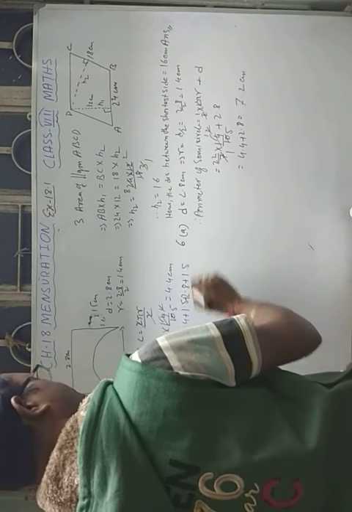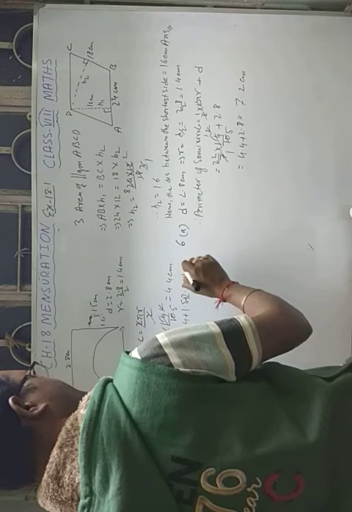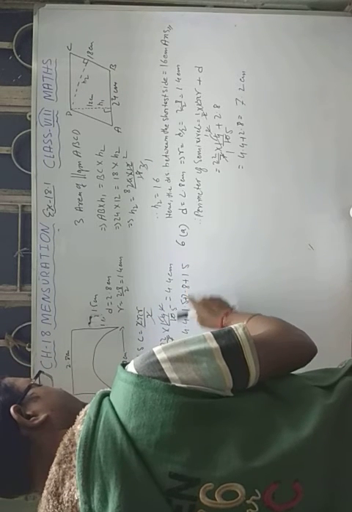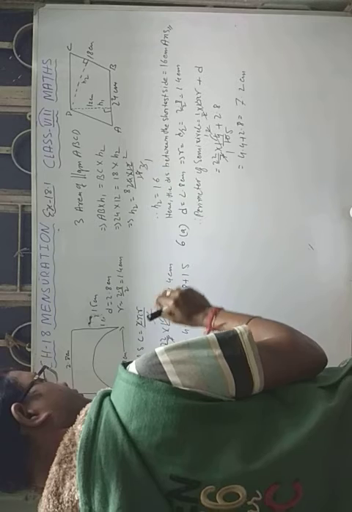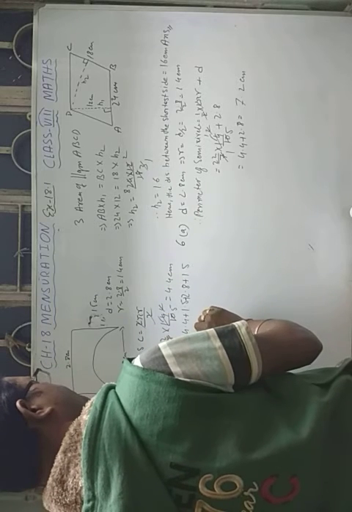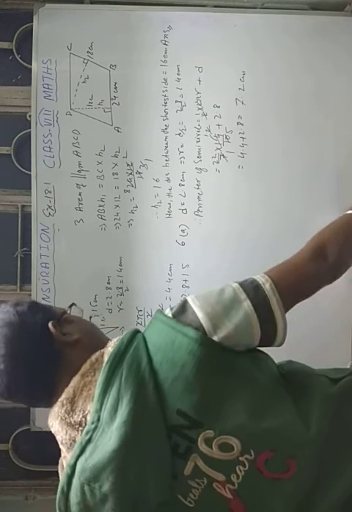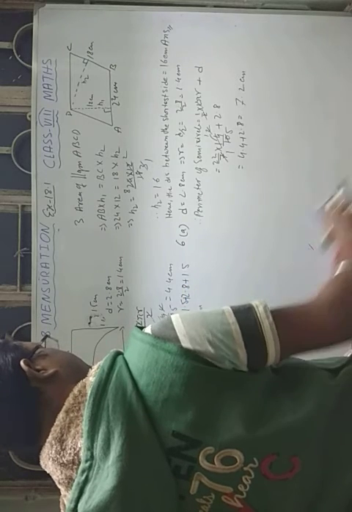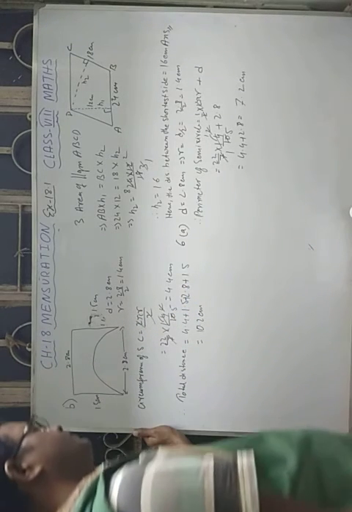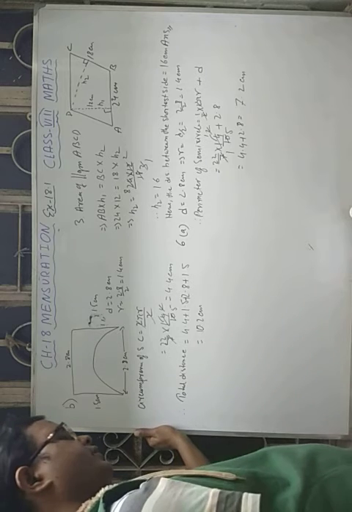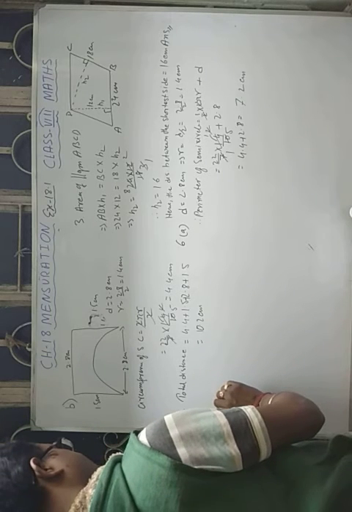Now add them up. 1.5 plus 1.5 is 3, and 2.8 plus 4.4 is 7.2, and 3 is 10.2 centimeter. Okay, this is 10.2 centimeter. Now the next part of the question is c.